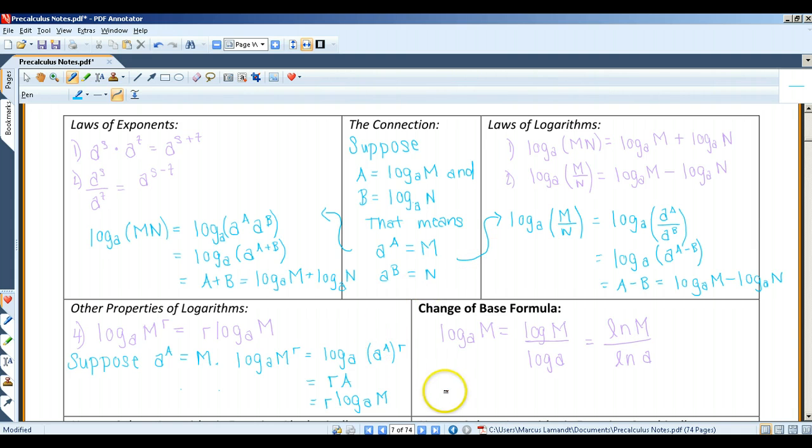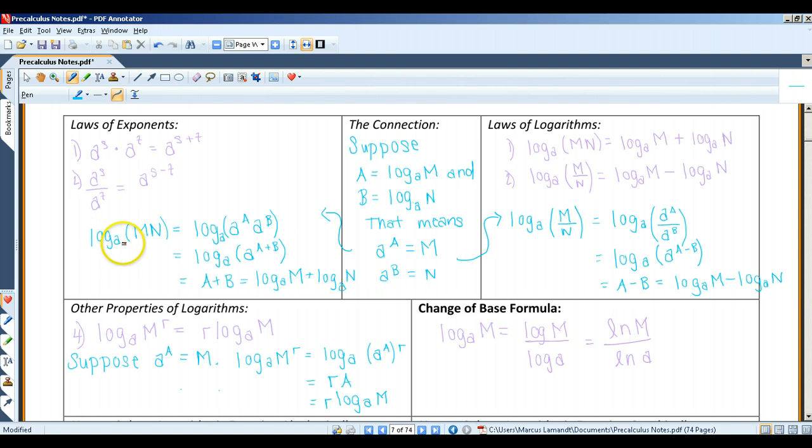In the laws of logs, suppose that A equals log base a of m and B equals log base a of n. The basic property, the very first property we learned about logarithms, means that a to the capital A power equals m, a to the capital B power equals n.